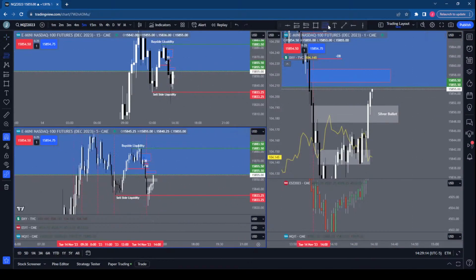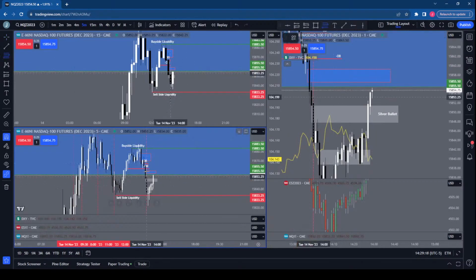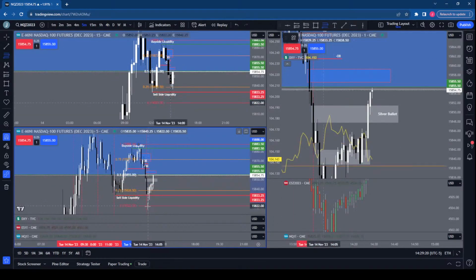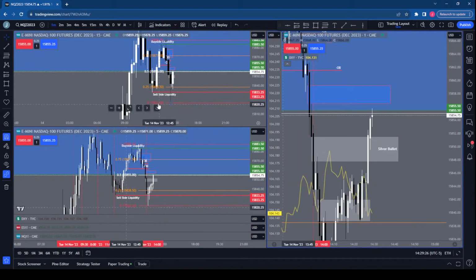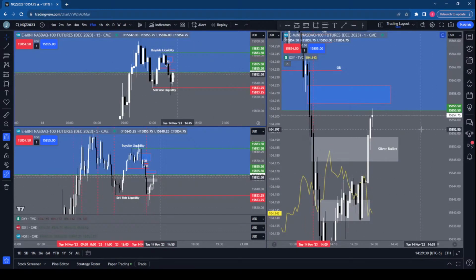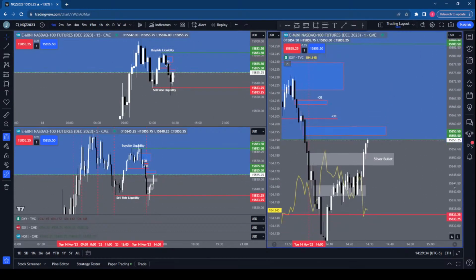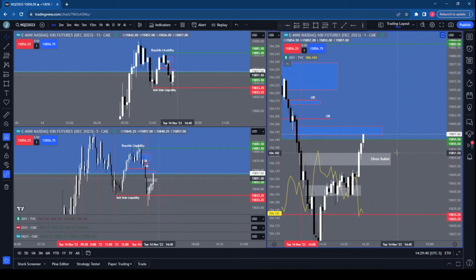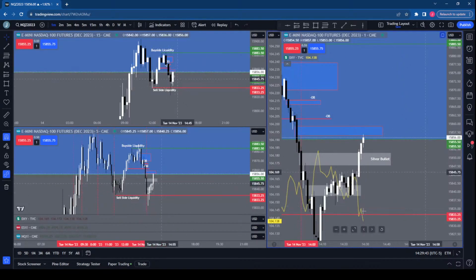This could easily be, on the 5-minute chart and the 15-minute chart, a lower high to go lower. But it came so far already on the day. Let's see how we treat this. The dollar's dropping.